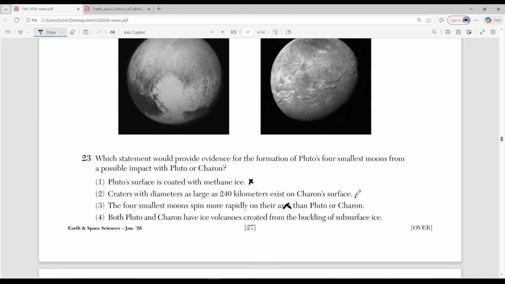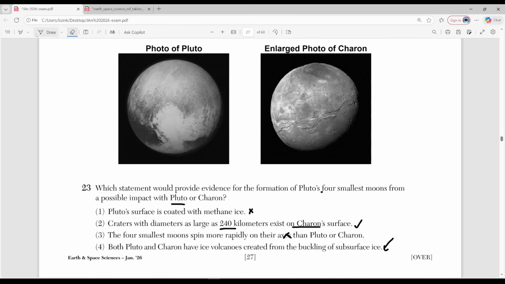I mean, that could possibly be true because then giant things hit Charon. There's nothing to do with methane ice. The spinning is not true, and both Pluto and Charon have ice volcanoes created from the buckling of subsurface ice because they're getting impact. It's just weird.